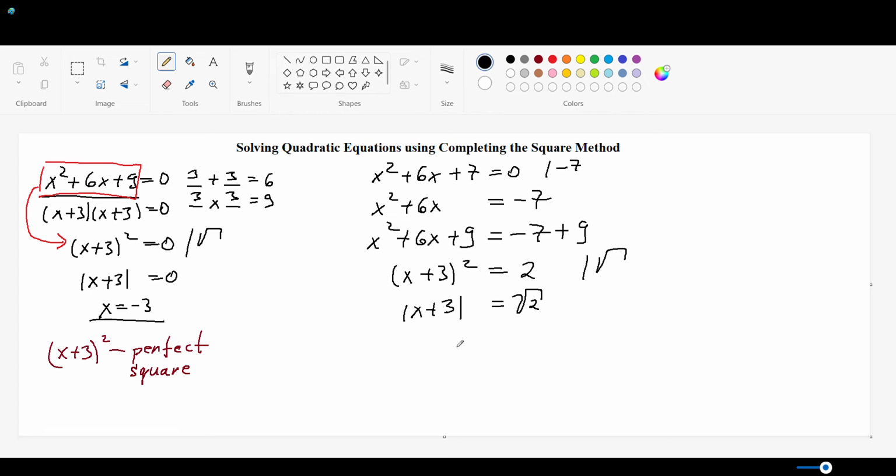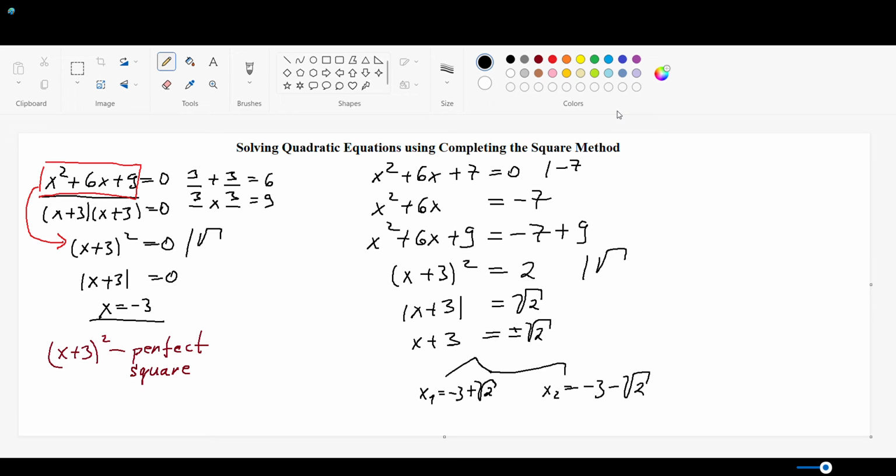So now we solve by x plus 3 equals plus minus square root of 2. So the first root for my equation is x1 equals -3 plus square root of 2, and the second root x2 equals -3 minus square root of 2.